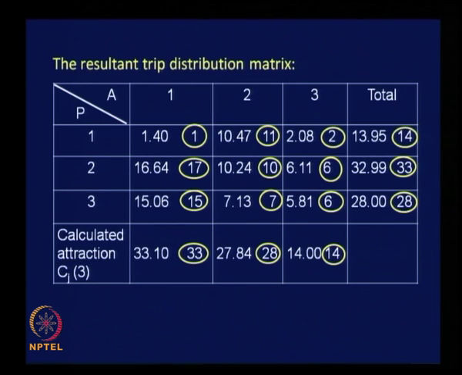Next we will see how to really calibrate the gravity model. You may recall, in this problem the Fij values were given to us, right. We got the Fij values in the form of a matrix and those values were substituted, but in reality Fij values will not be known to us. You may have base year trip distribution data.